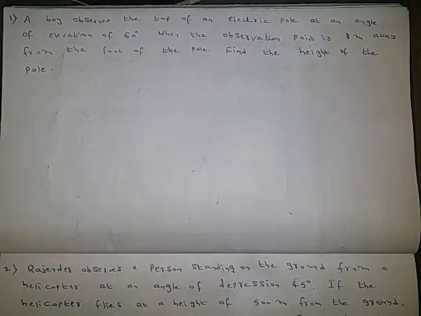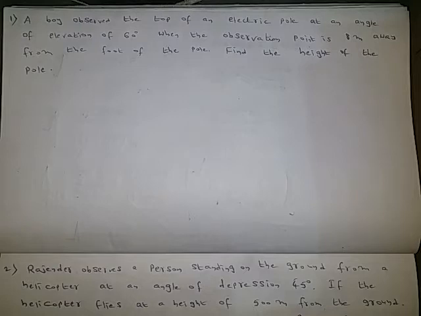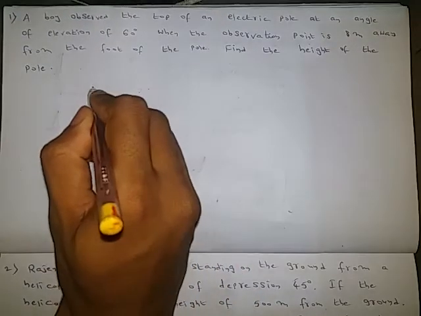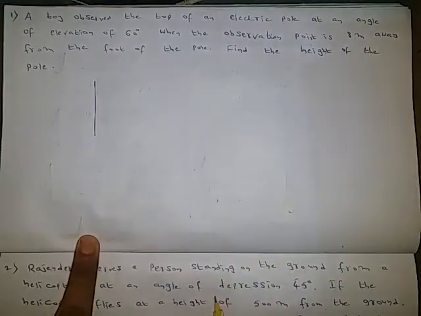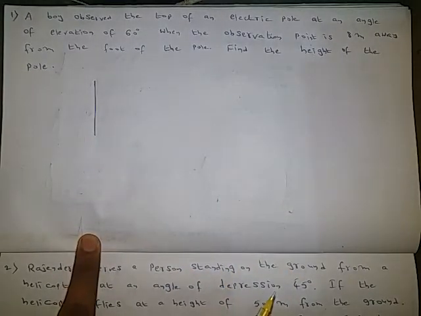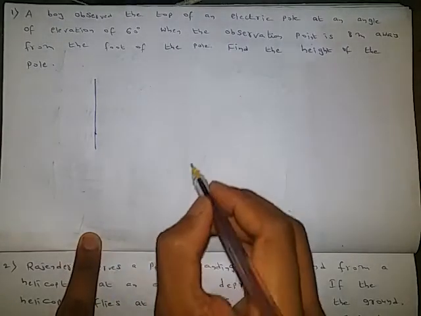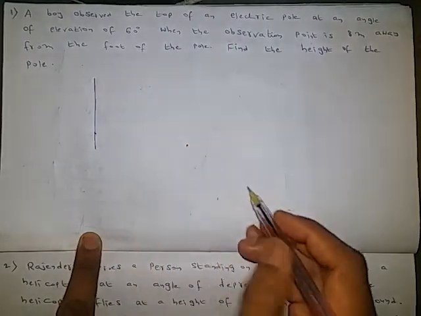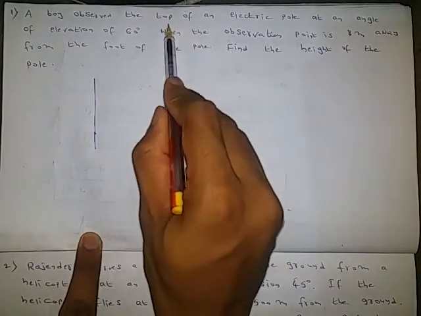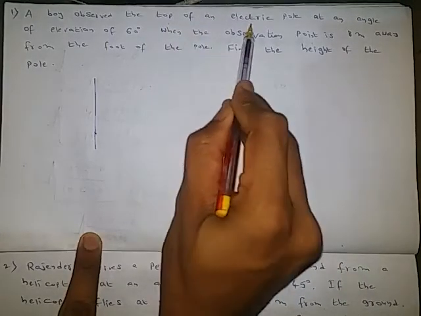A boy observed the top of an electric pole at an angle of elevation of 60 degrees. One pole is there. Always the pole will be making 90 degrees only with the horizontal line. Somewhere from here, one boy is observing the top of an electric pole.